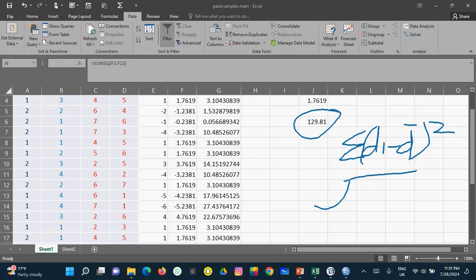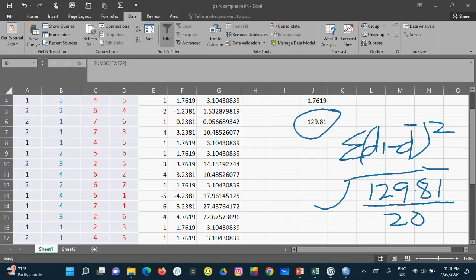Now we are having 129.81 all over n minus 1. So 21 minus 1 is 20, because n is 21.